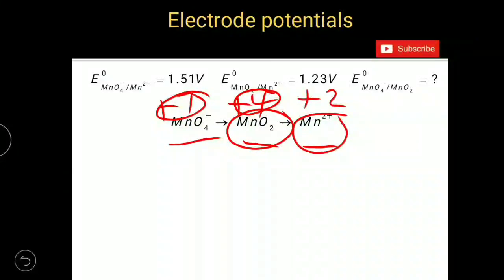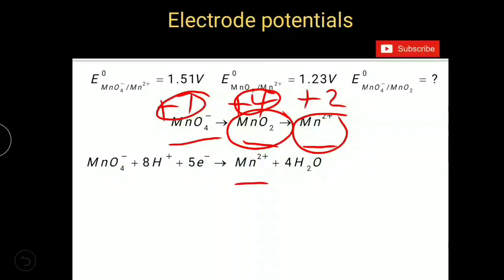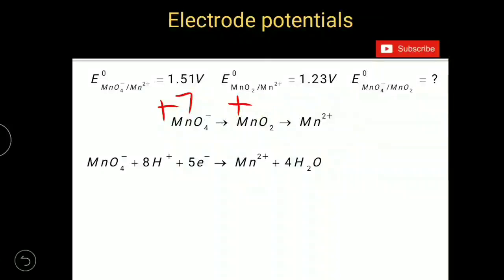Or else we can write down the equations of reduction of permanganate. When permanganate gets reduced into Mn plus 2, the balanced equation you will get is this, in which permanganate is reduced by taking 5 moles of electrons into Mn plus 2, and its E naught value given is 1.51 volts.